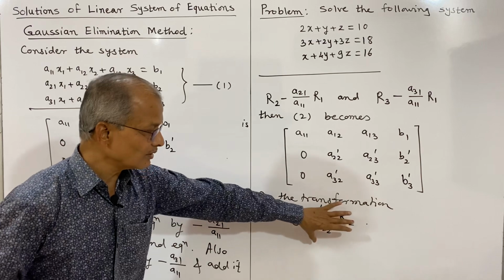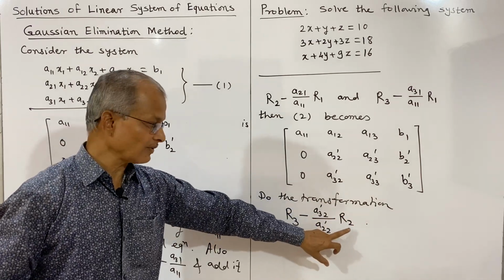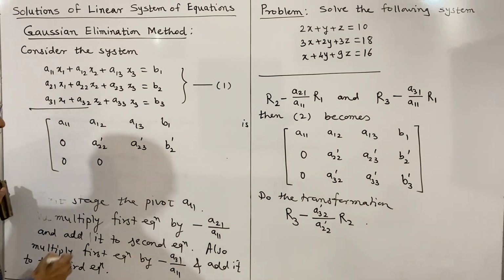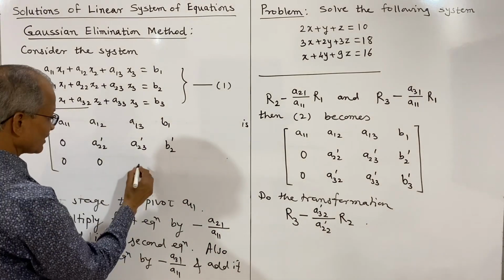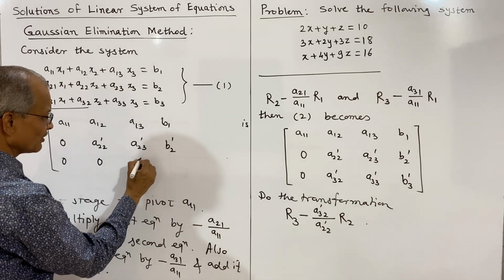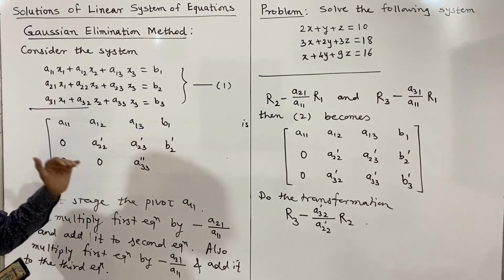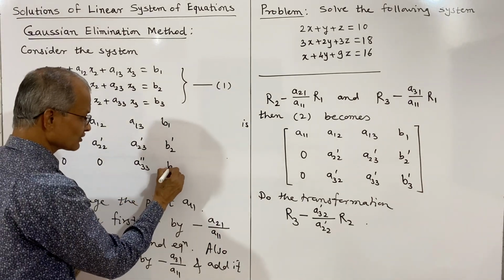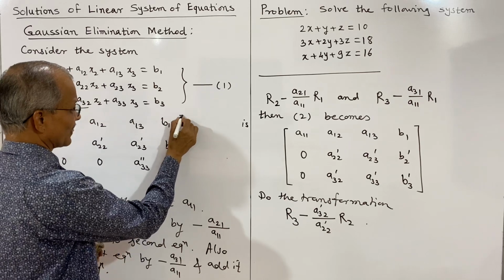In the third row, this times of R2, the second row, is added, and this element will be 0, and that element will be changed to a new element, and the new element we will denote by other notation. Double dash denotes the changed element, and this B3 will also change, and that will be this one.